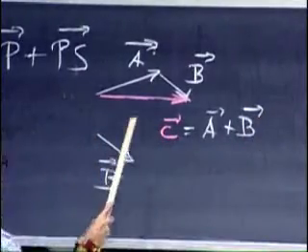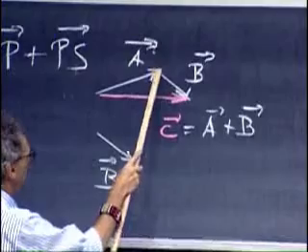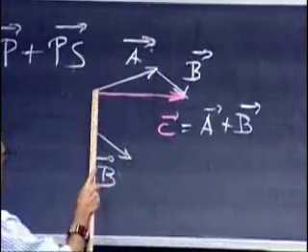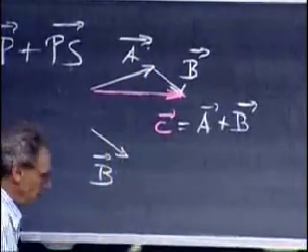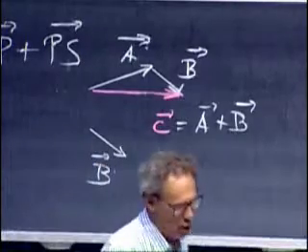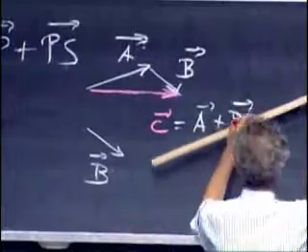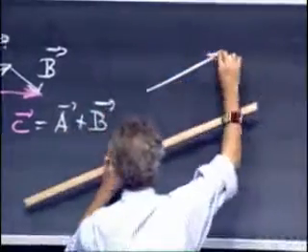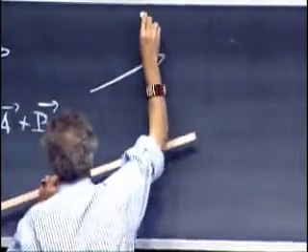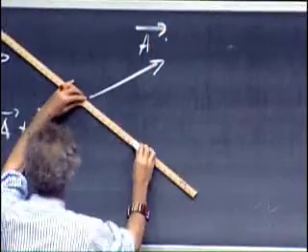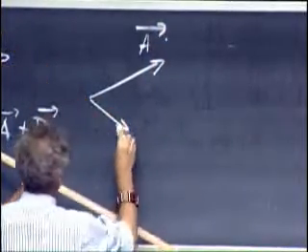Doesn't matter whether you take the tail of B to the head of A, or whether you take the tail of A and bring it to the head of B. You will get the same result. There's another way you can do it, and I call that the parallelogram method. Here you have A. You bring the two tails together. So here is B now.